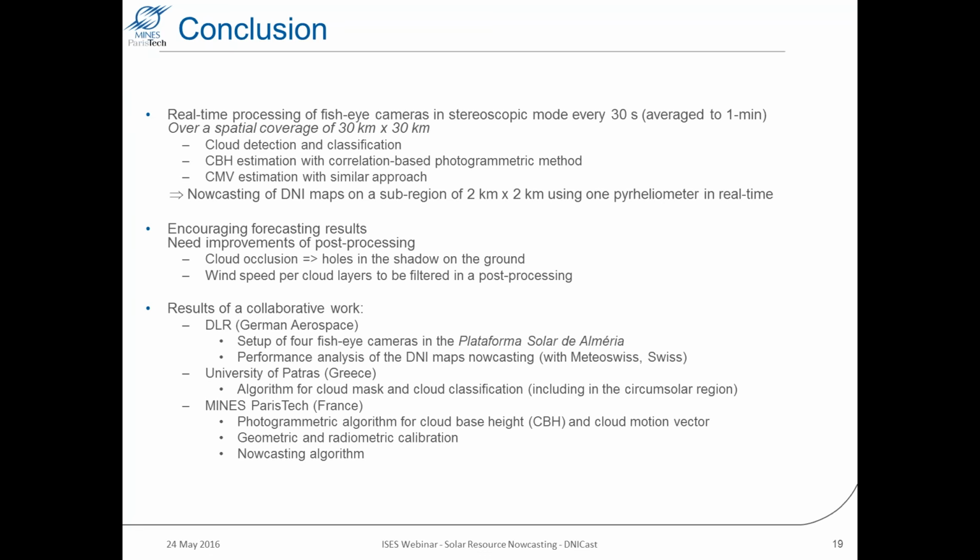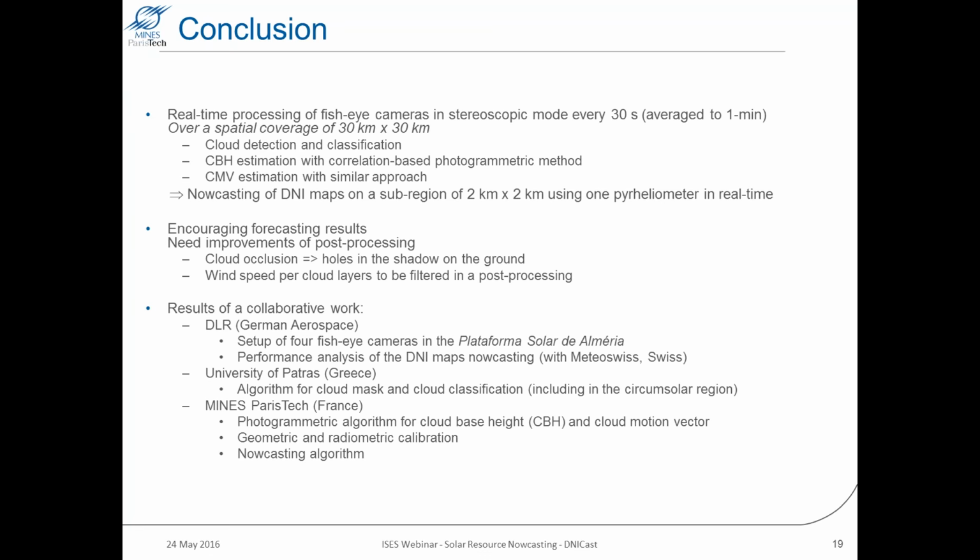And thanks to this information at this spatial coverage, you can, at a very specific place, do the nowcasting of DNI maps on the region of interest of 2 km by 2 km. And we are using one real-time pyrheliometer measurement to establish the relationship between images and ground measurements. So for us, the forecasting results are very encouraging.